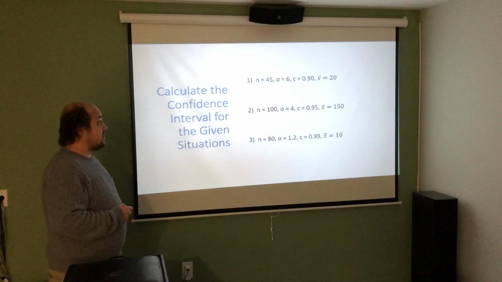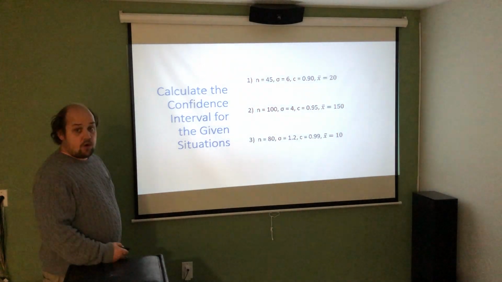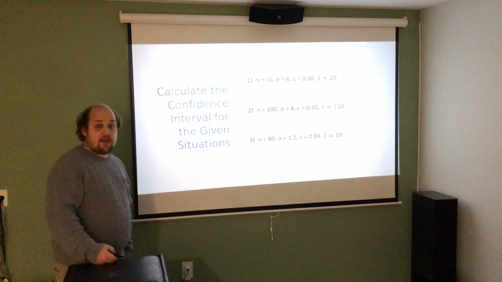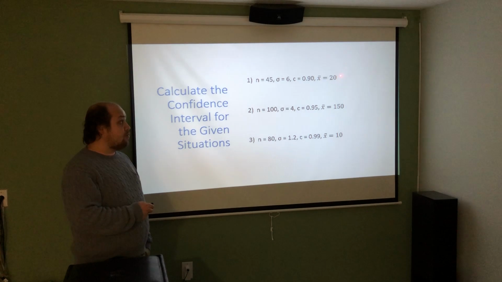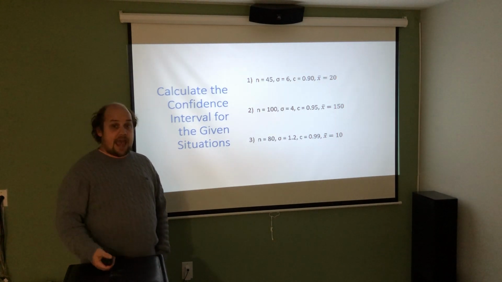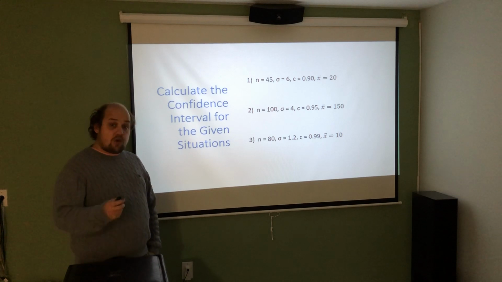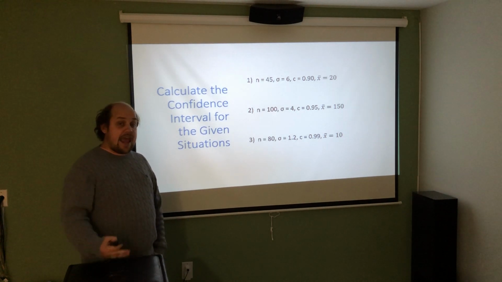If we do these confidence intervals for the same situations that we had before, we have the margin of error that we previously calculated. All we're going to need to do is take the new piece of information, which is x bar for each of these, or the average from the sample, and we're going to first subtract the margin of error that we calculated, then add the margin of error.